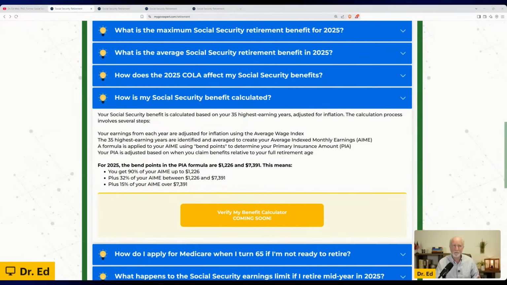If you made $20,000 when you're 18 years old, that might be equivalent to about $80,000 to $100,000 today, possibly. So they take that high 35 years and divide it to get your average indexed monthly earnings. It's called the AIME, average indexed monthly earnings.